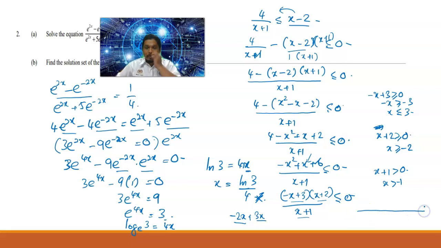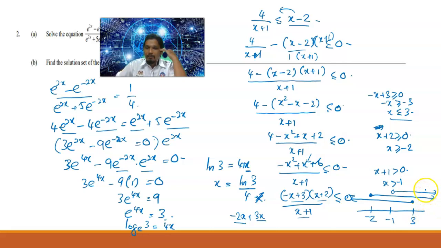So then we have three different values of x, which are 3, -2, and -1. So -2, -1, and 3. The first one here, x is less than or equal to 3. Then next is x greater than or equal to -2, and x greater than -1.